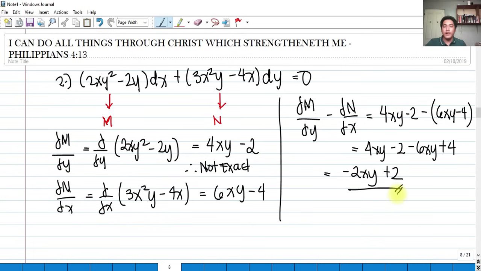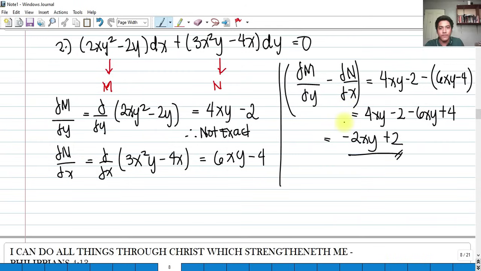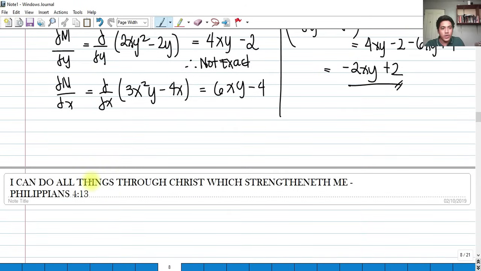So, here it is. What are we going to use? Is it the first equation or the second equation? Let's try first the first equation. So, our first equation is 1 over m. I'm sorry, 1 over n. This is 1 over n multiplied by the difference that we have used a while ago.